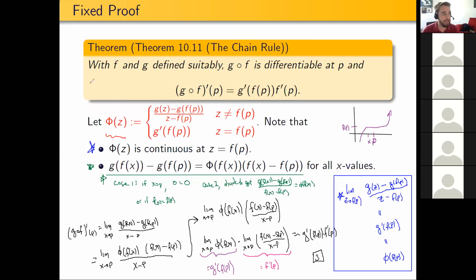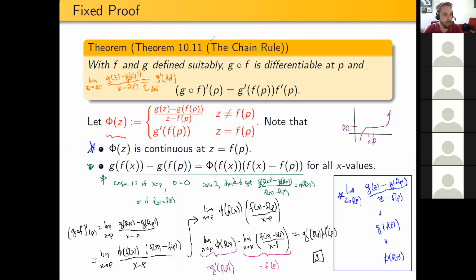And so because g is differentiable there, I know the limit as z goes to f of p of g of z minus g of f of p over z minus f of p exists, and by definition this limit is some limit L, but we like to denote it as g prime of f of p.